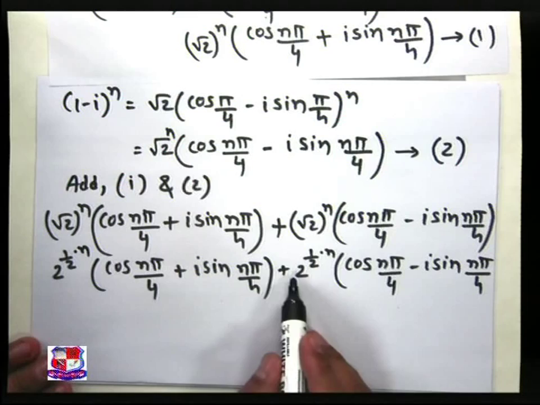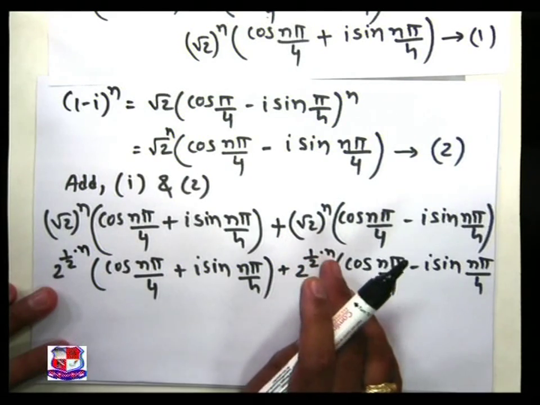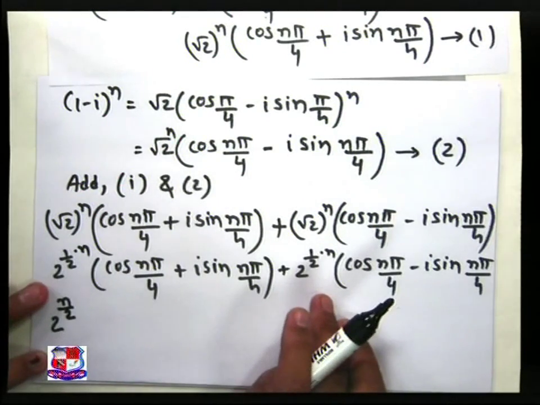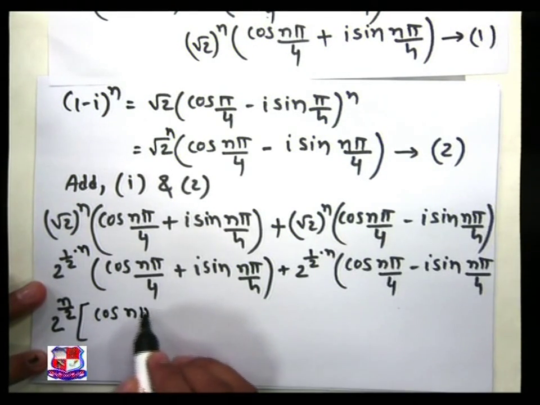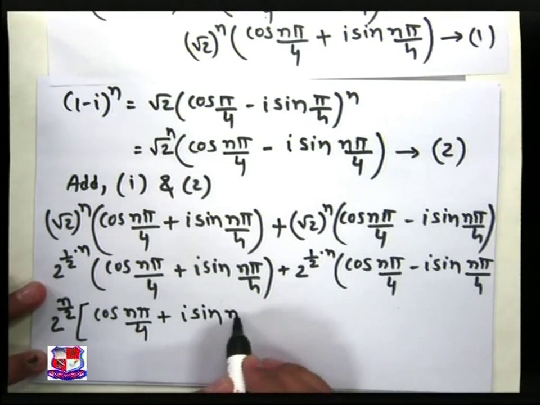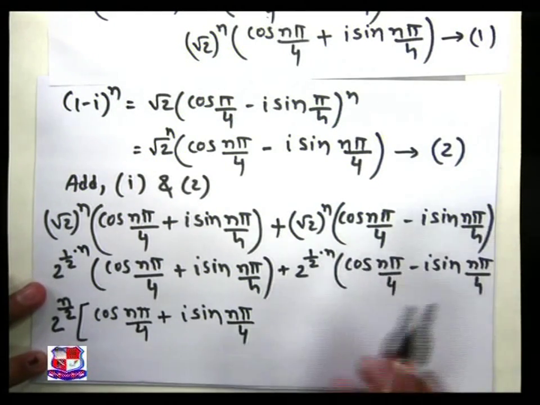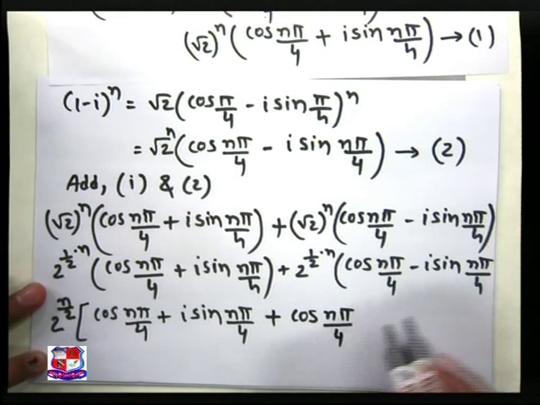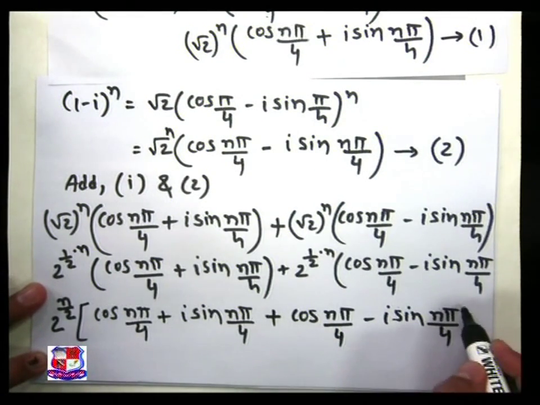Now we can take common 2^(n/2) from both equations. The remaining term from the first is cos nπ/4 + i sin nπ/4, and from the second, plus cos nπ/4 minus i sin nπ/4.